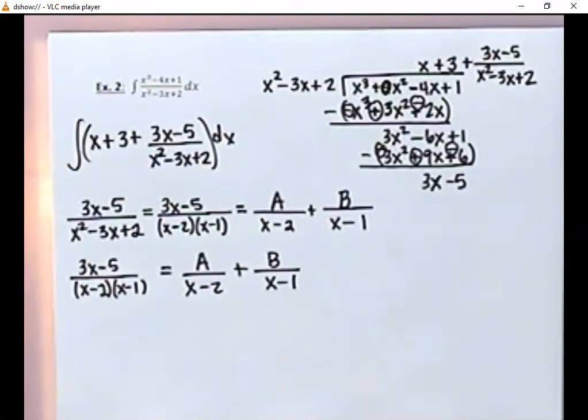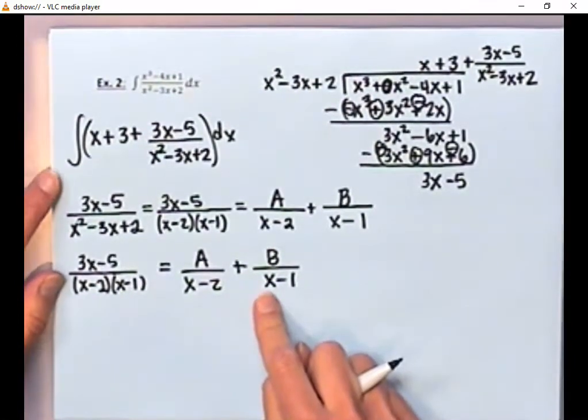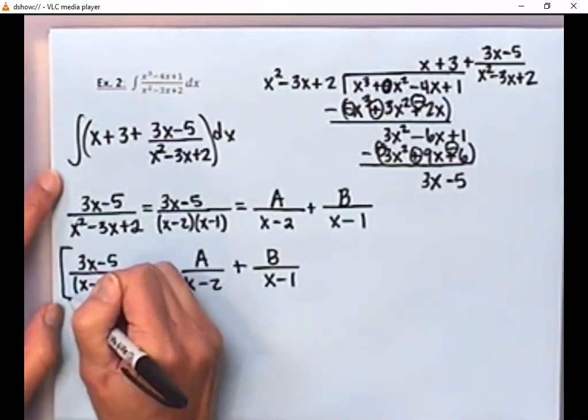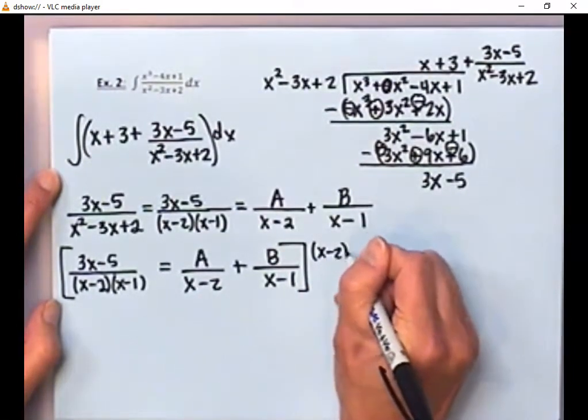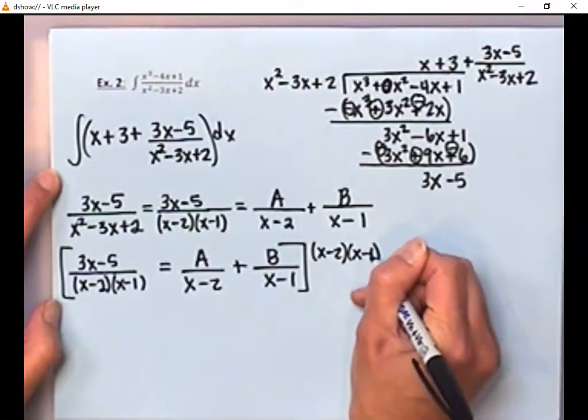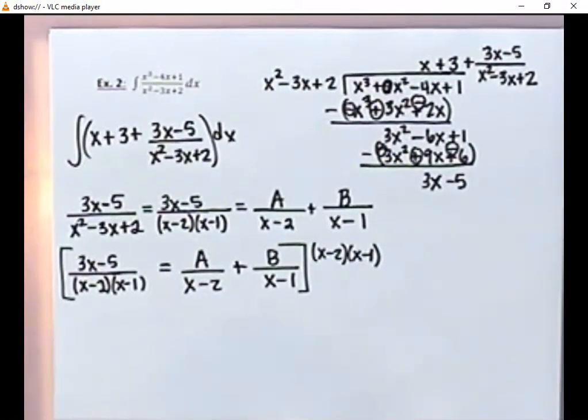So if I clear out fractions, how do I do that here? What would I multiply by? How do I clear these fractions out? Anyone remember if you were solving? You wanted to multiply both of them, right? Yeah, the whole thing, right? So I basically need to take all of this, the entire equation, and multiply it by x minus 2 and x minus 1, right? Multiply by the common denominator.